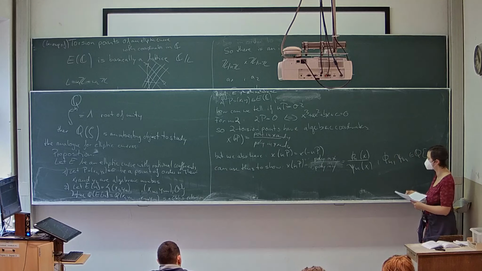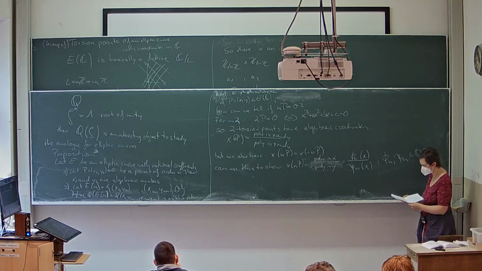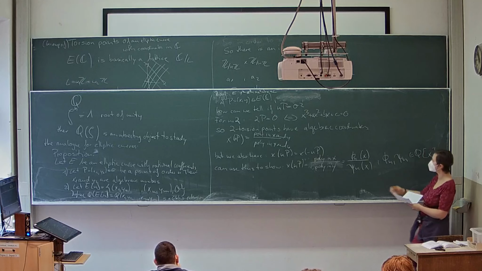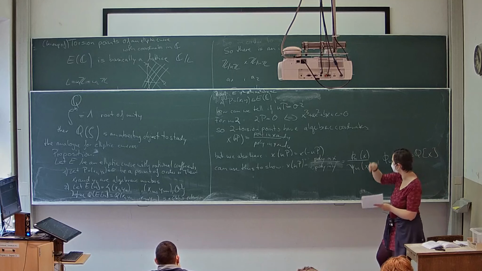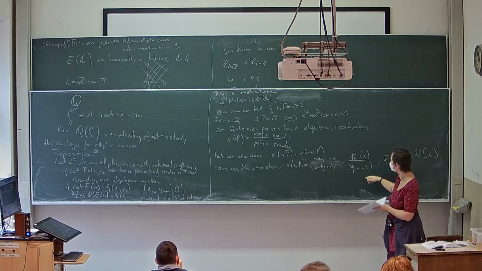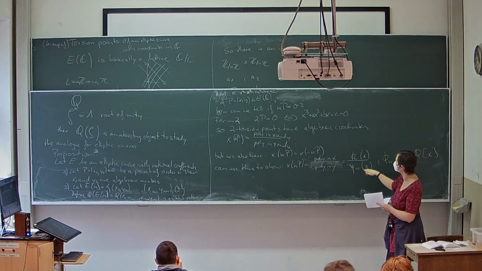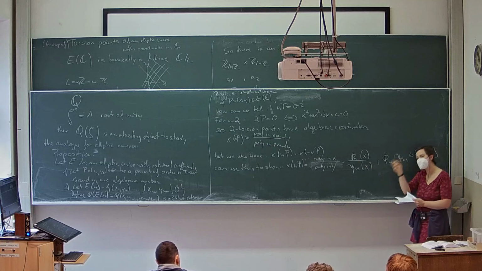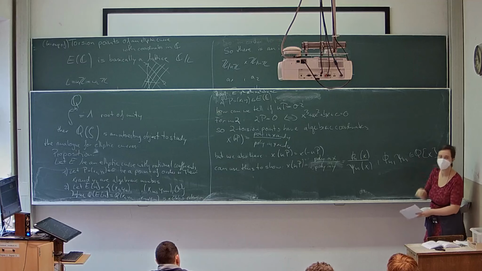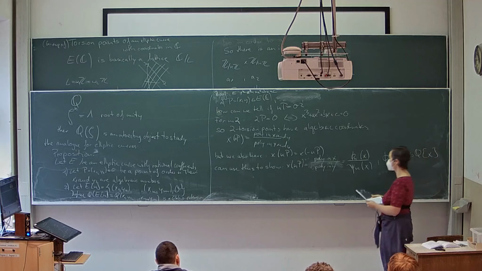And in Silverman's The Arithmetic of Elliptic Curves, there's an exercise with a mistake in those polynomials, and I found that mistake and wrote to Silverman, and in the next edition he wrote in the introduction, "Thank you," to like 200 people, and I was also in there.